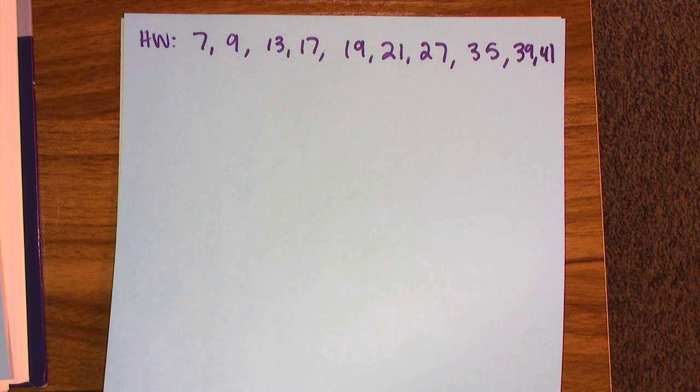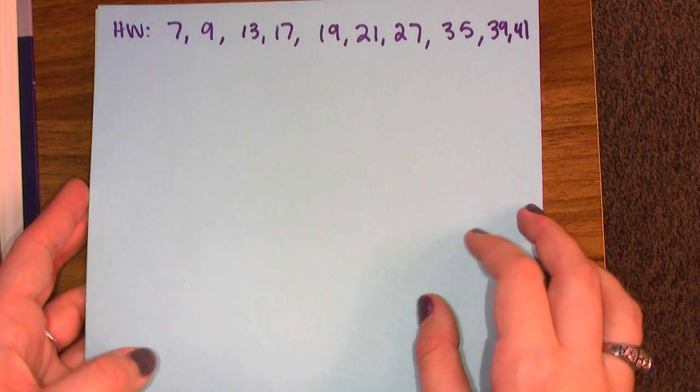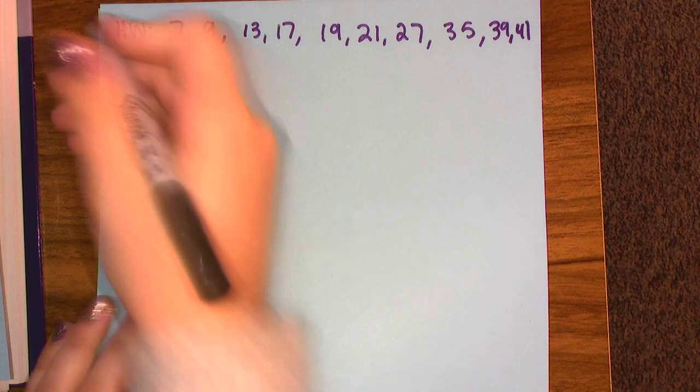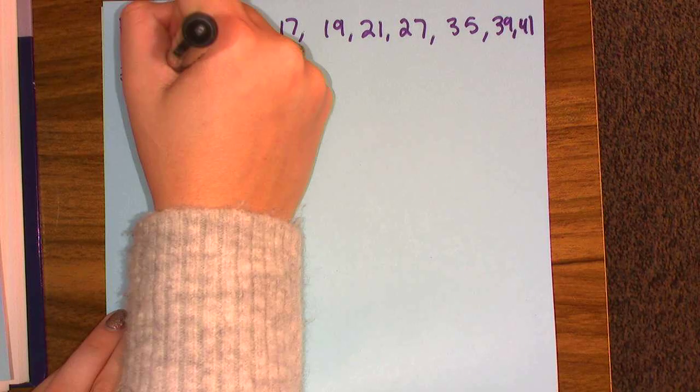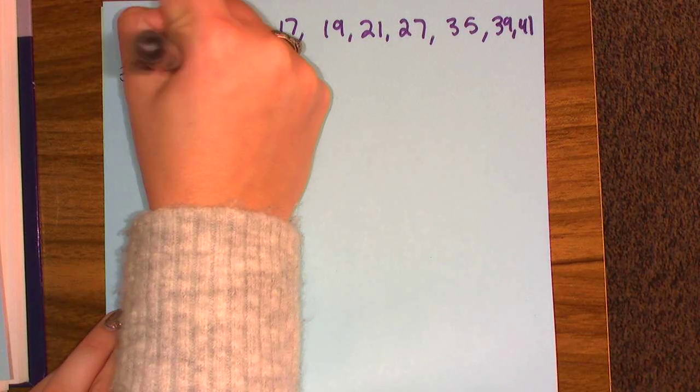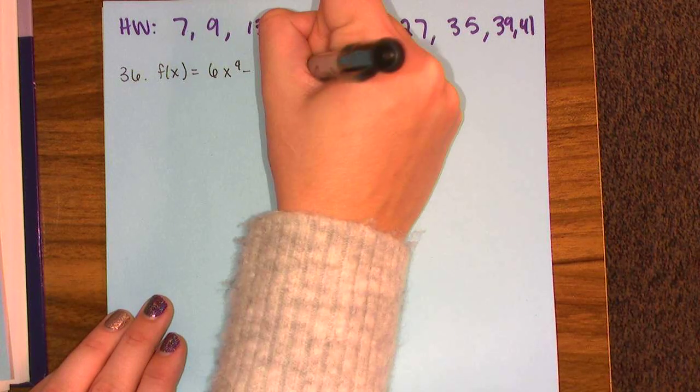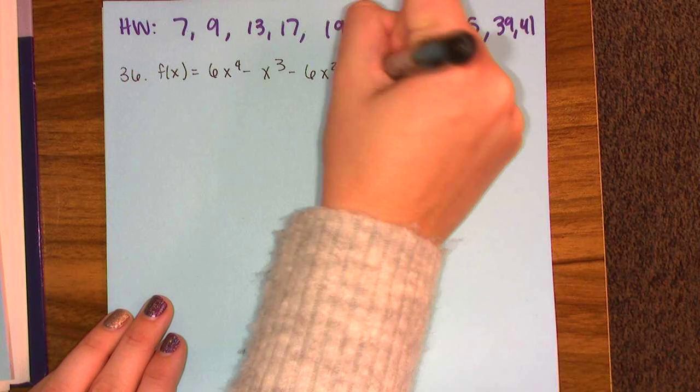I'm going to go ahead and try to set up this problem, and then we'll finish it tomorrow. 36. F of x is equal to 6x to the fourth minus x cubed minus 6x squared minus x minus 12.